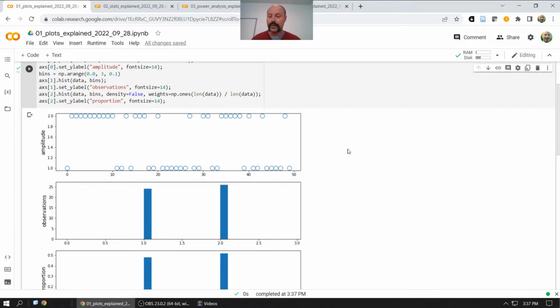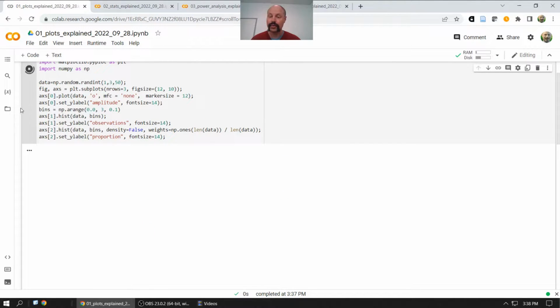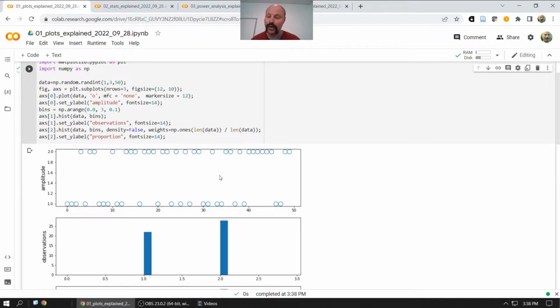This is the simplest representation, where each data point is represented at a different position on the x-axis, and on y, this is the amplitude, either 1 or 2. You can repeat the same cell and you will observe a different pattern because it is random.